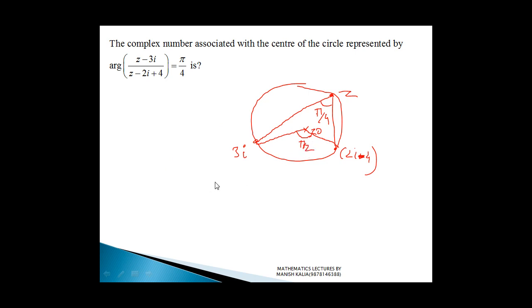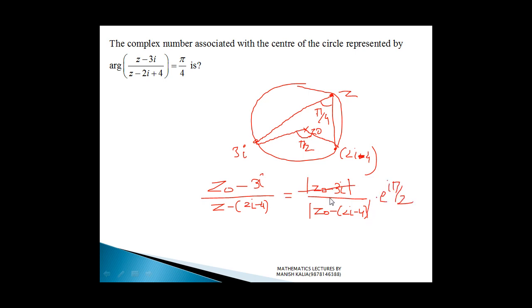So this implies z0 minus 3 iota divided by z0 minus 2 iota plus 4 is equal to mod of z0 minus 3 iota divided by mod of z0 minus 2 iota plus 4 into e raised to the power iota pi by 2.